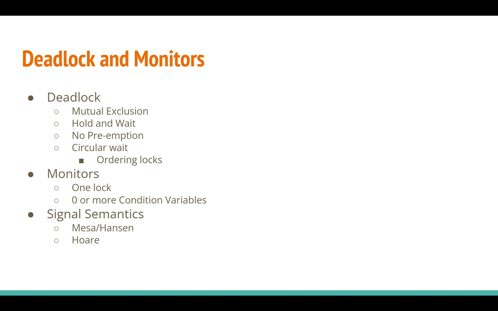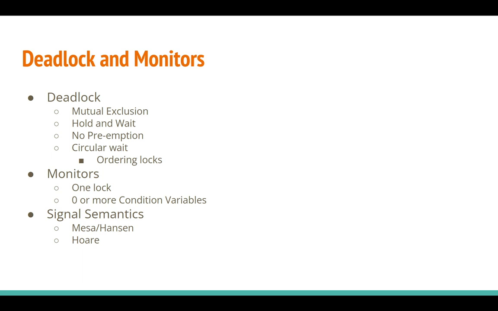What's important about that is that there are signal semantics, which are Mesa-Hansen and Hoare semantics. Mesa-Hansen semantics basically say that the thread that called signal will get to continue to run with the lock. On the other hand, in Hoare semantics, the thread that calls signal gives the lock to the thread that you are signaling.